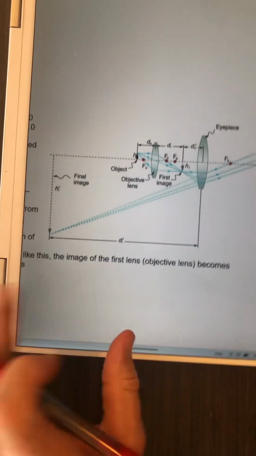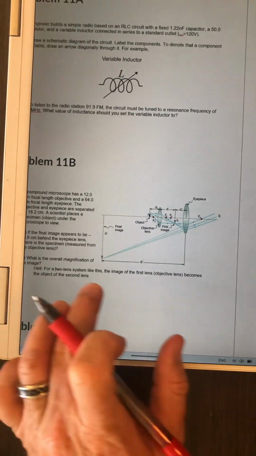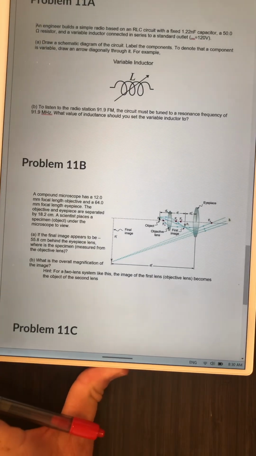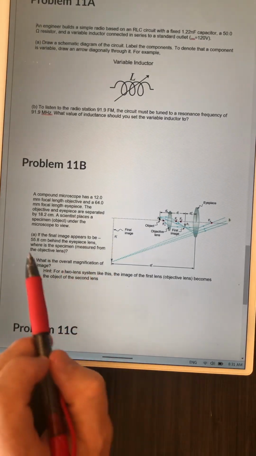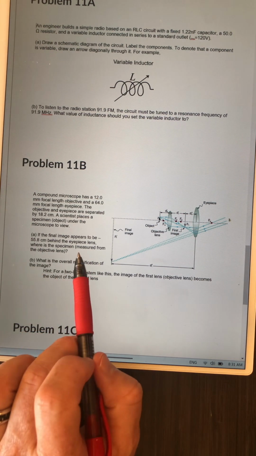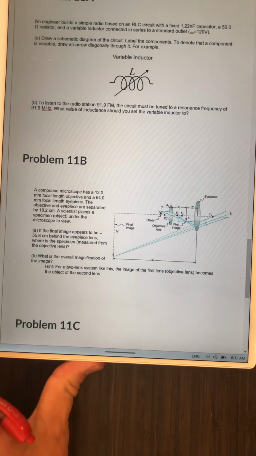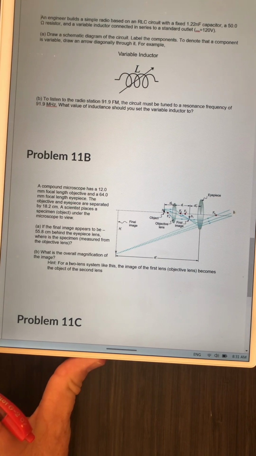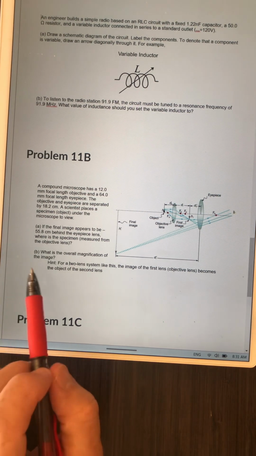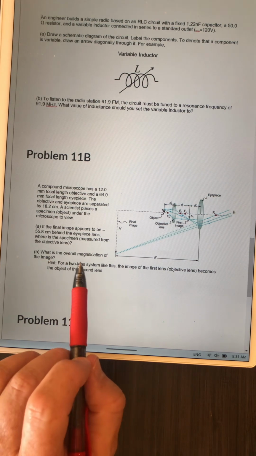All right, so now back to the question. I think what we've answered is just A: if the final image appears to be such and such, where is the specimen? Okay, so we got that. Now, what is the overall magnification?